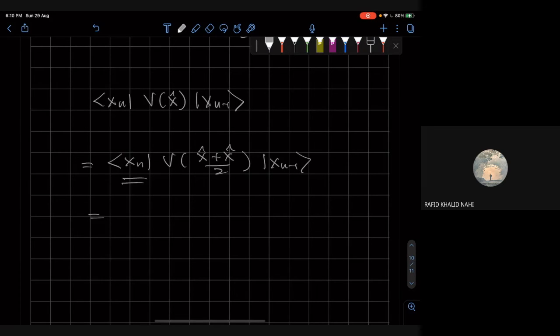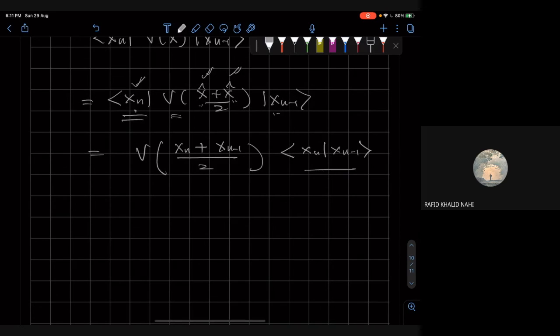When these operators hit the polynomial, these things will change by this thing. We can choose this thing to act on this and this thing to act on this, so that we take an average. So we get V of (x_n plus x_{n-1}) divided by 2, times the bracket of x_n and x_{n-1}.